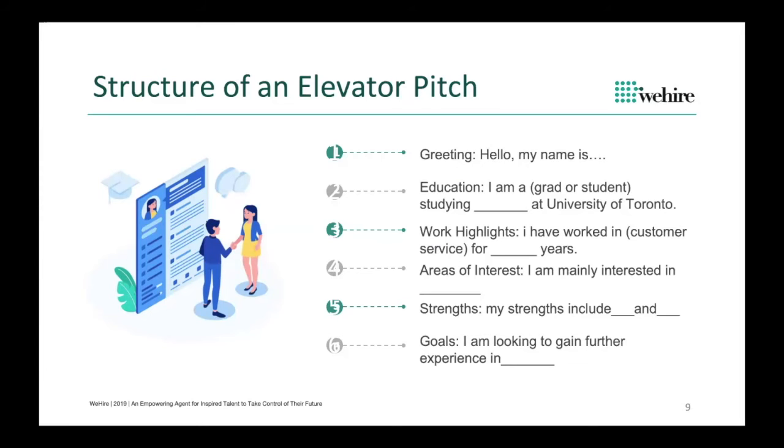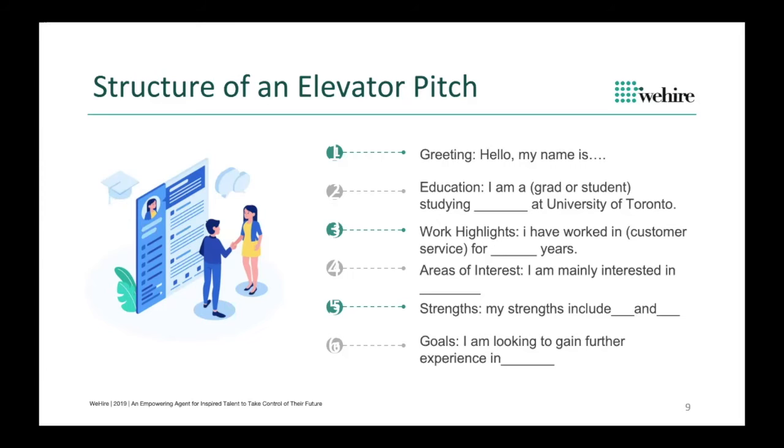I am a graduate student studying mathematics and statistics at University of Toronto. Then going into work highlights, I have worked in customer service for the past 3 years. You can also list your areas of interest. I'm mainly interested in, for example, working with reporting, analyzing, and extracting data.